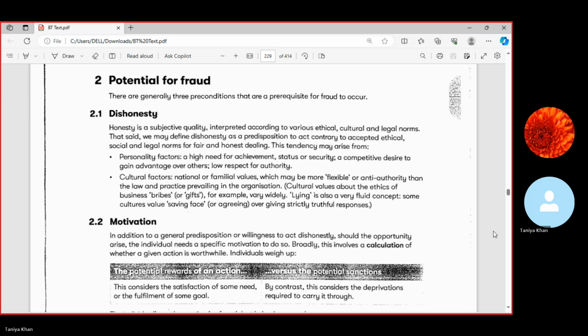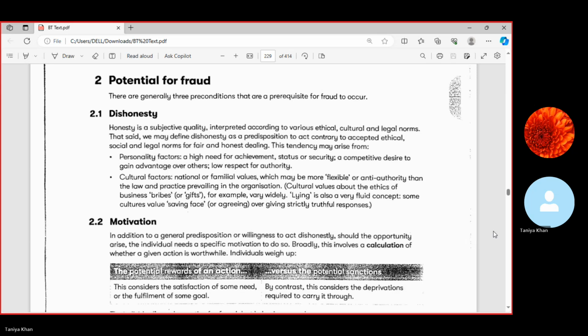That said, we may define dishonesty as a predisposition to act contrary to accepted ethical, social, and legal norms for fair and honest dealing. The opposite of honesty is dishonesty. In honesty, we follow ethical, social norms, and we abide by those social, ethical, and legal norms. If we don't abide by those norms, we are being dishonest.